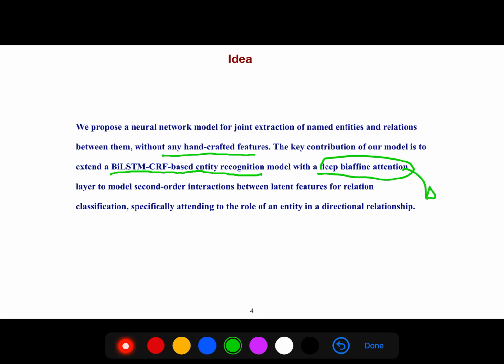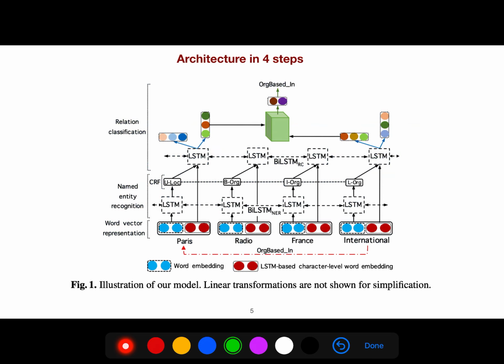This is the idea of Professor Christopher Manning at Stanford, to model second-order interactions between latent features for relation classification. So we see the problem of relation extraction just like the problem of dependency parsing, because after all, we are looking to see the relation between two words in a sentence.